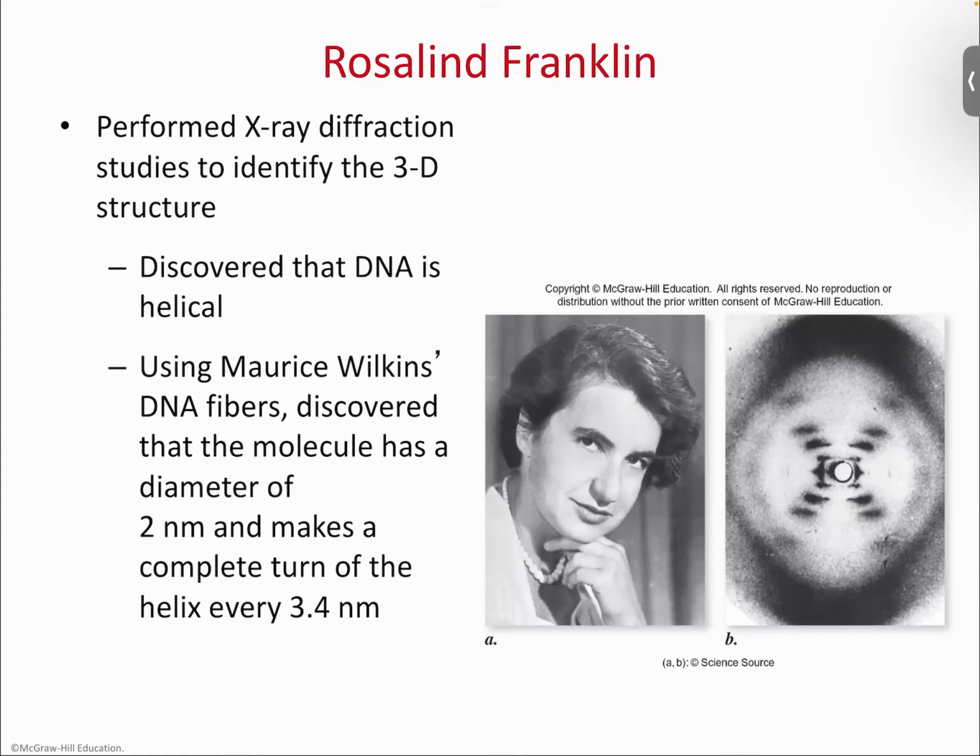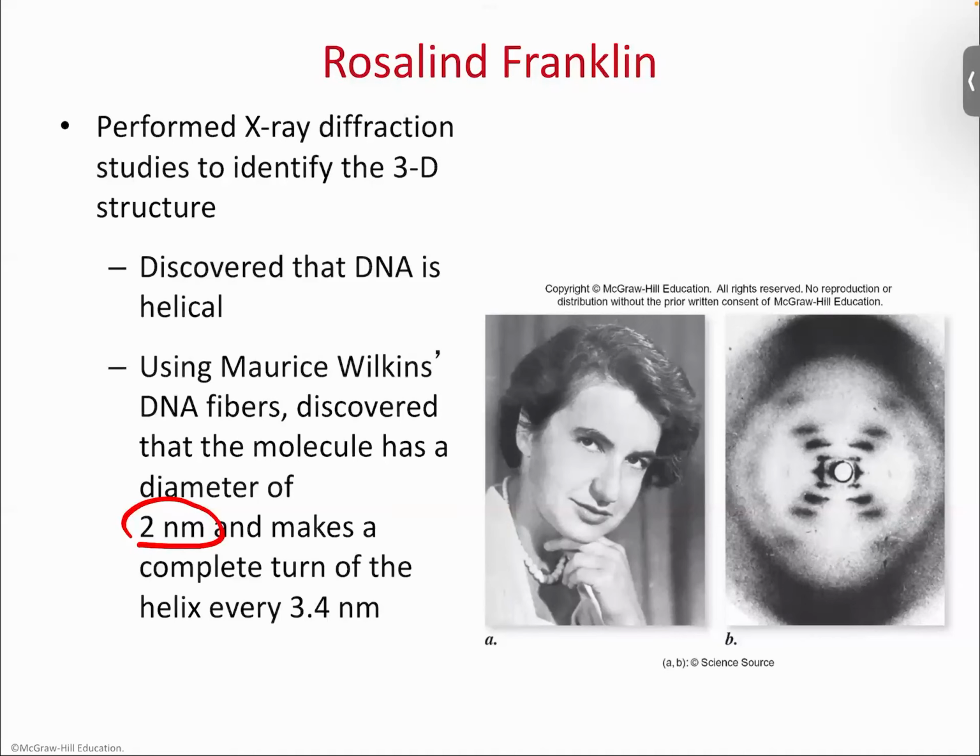The X-ray diffraction pattern that you see is down here in figure B. It doesn't really look like much, but what it tells us is that DNA is some sort of helix, though we weren't quite sure what that looked like. So what did Rosalind give to us? Well, she made some important discoveries. First of all, she noticed that the diameter of this helix is about 2 nanometers.